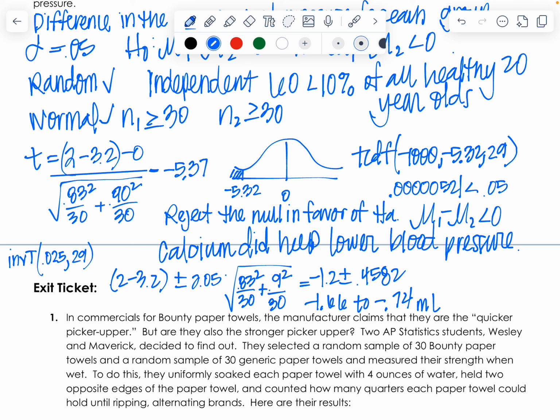It's less than 0, which means that this first mean is less than the second, and this tells us less by that much. So if we take the mean for the first group and the mean in the second group and we subtract them, calcium makes that big of a difference on the average blood pressure.